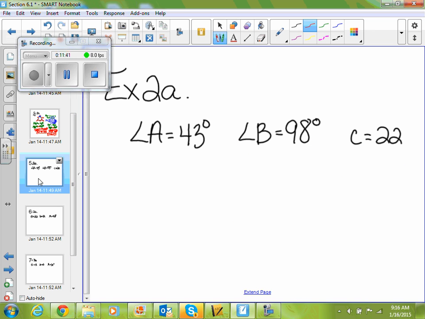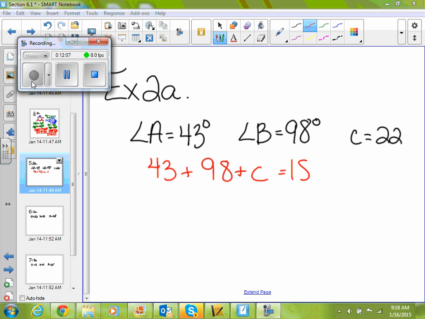I look at example 2a. I'm given angle A equals 43 degrees, angle B equals 98 degrees, and side length C equals 22. The first thing we have to find is angle C. I know that angle A, which is 43, plus angle B, which is 98, plus some angle C is going to add up to 180.